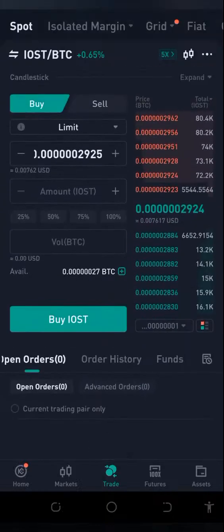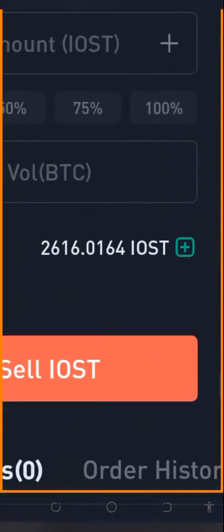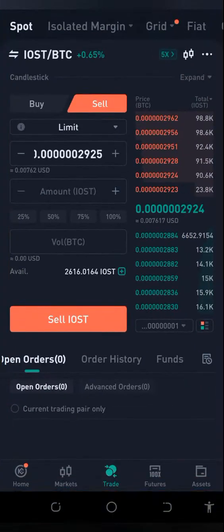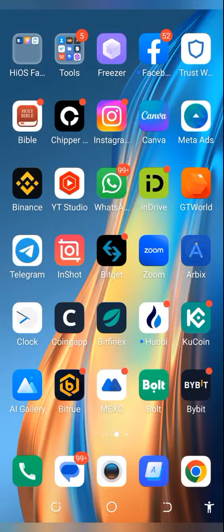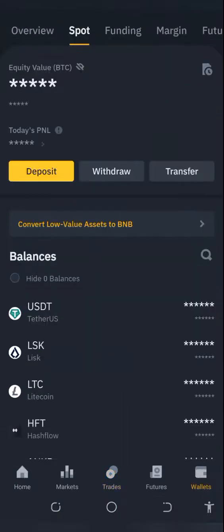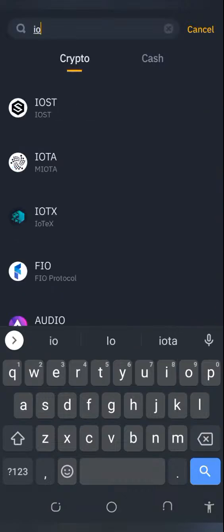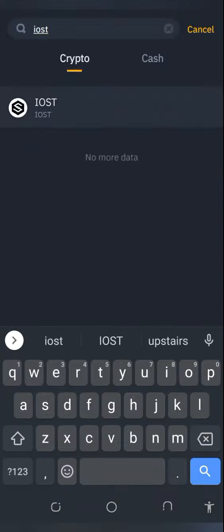So we've bought. How much have we bought now? We have bought at 2616. Okay, and the next thing is that we need to quickly send this over. So going to Binance, we need to pick our deposit address. That is supposed to be IOST, okay?